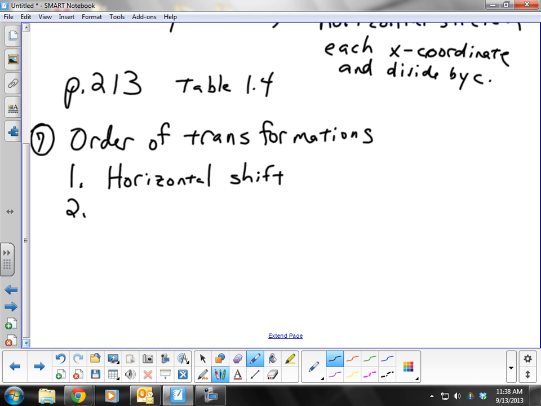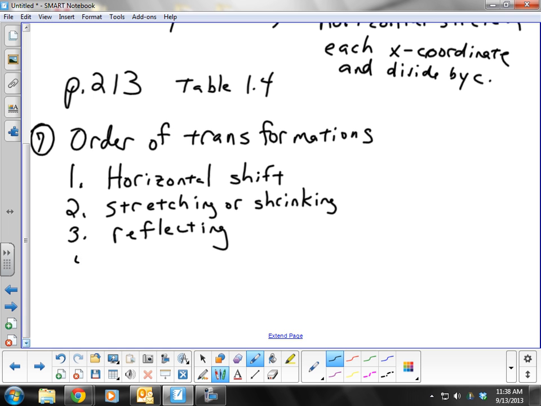Secondly, you do any stretching or shrinking. Third, you do any reflection. And fourth and last, you do vertical shifts.